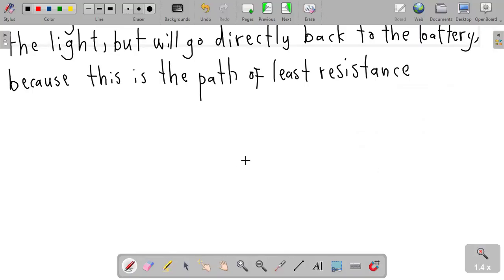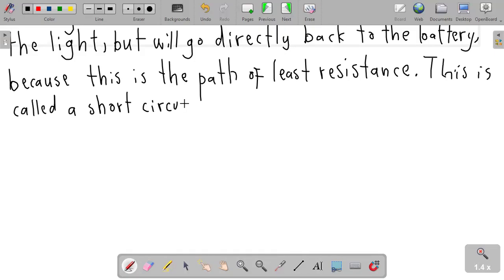If you connect a wire directly from a negative terminal to a positive terminal. Okay, so this is called a short circuit. This is called a short circuit.